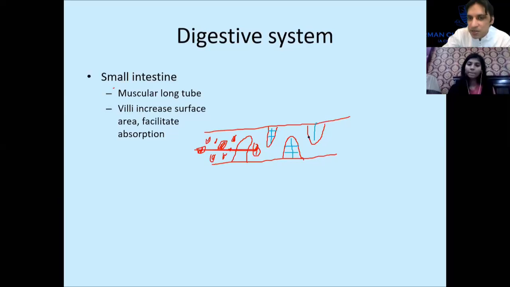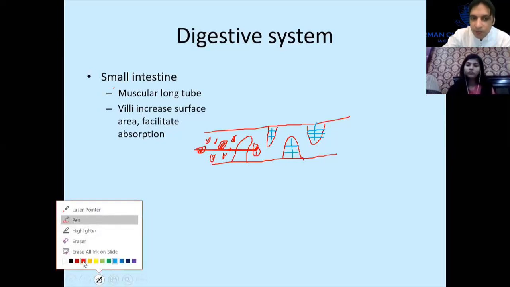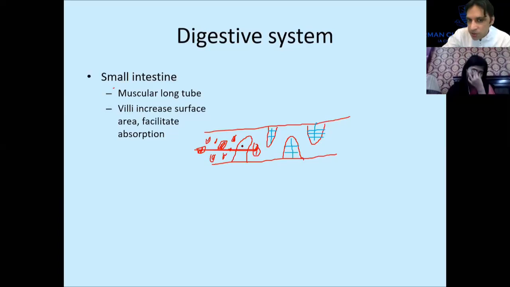And this is the place where the products of digestion cross the barrier and enter into the blood. I mean, the amino acids, glucose, and the products of fats are absorbed by the blood capillaries.